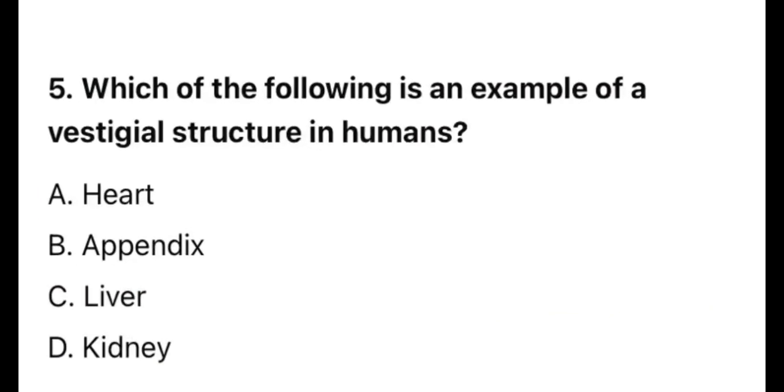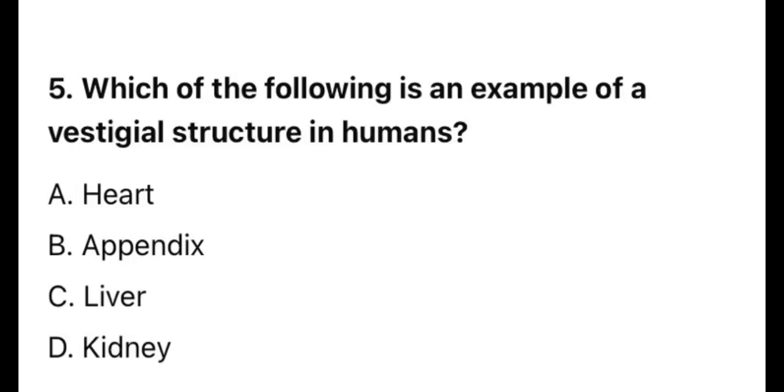Question 5 says, which of the following is an example of a vestigial organ in humans? A, we have heart. B, we have appendix. C, we have liver, and D, kidney.